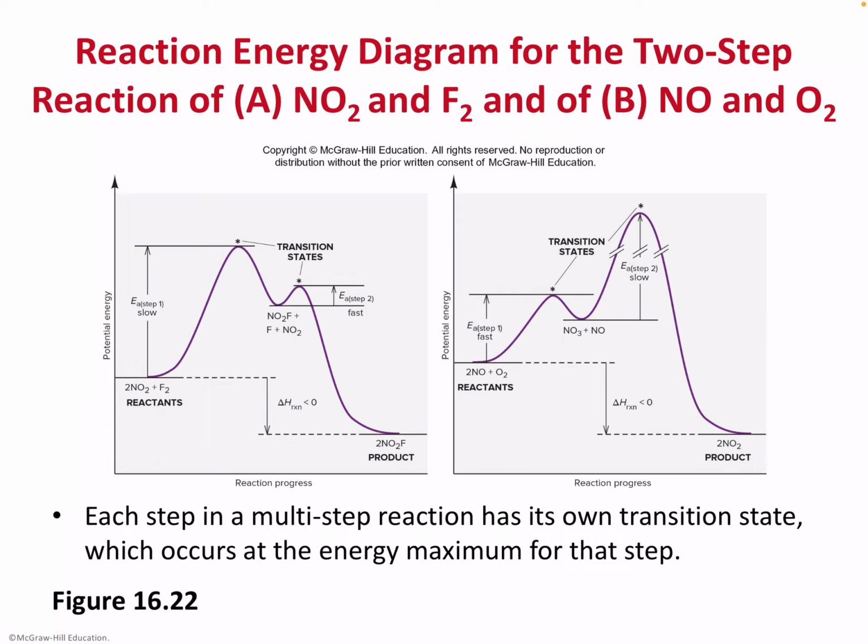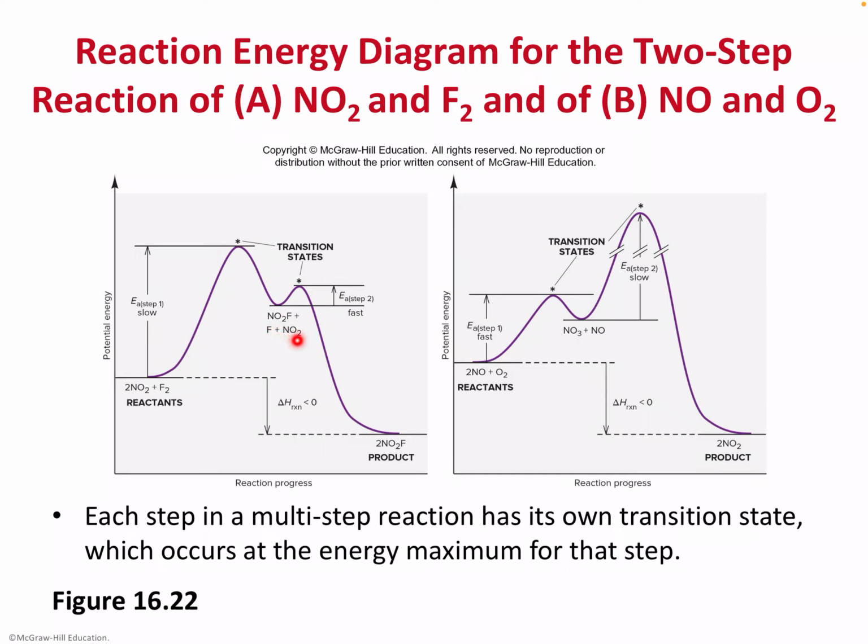So here's a reaction energy diagram for the two-step reaction of NO2 and fluorine giving NO2F. There are two steps. The first step is NO2 and fluorine. You need a certain activation energy to reach the transition state, and then it will first become NO2F plus fluorine.